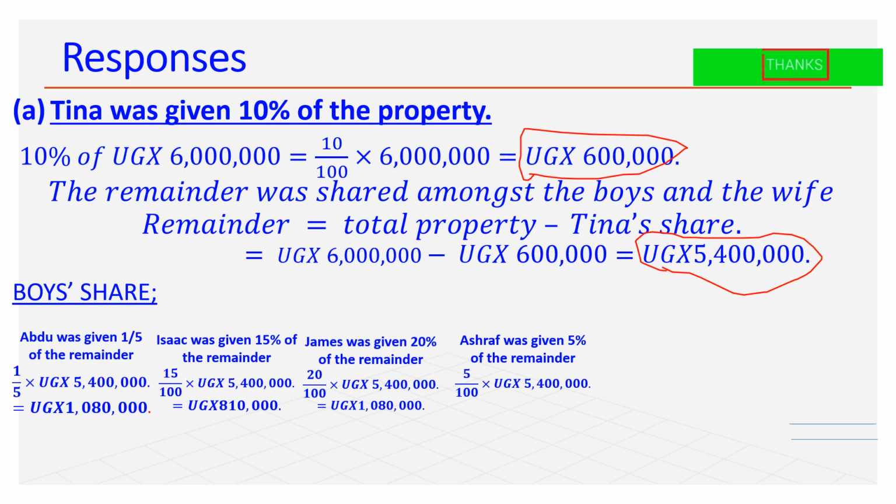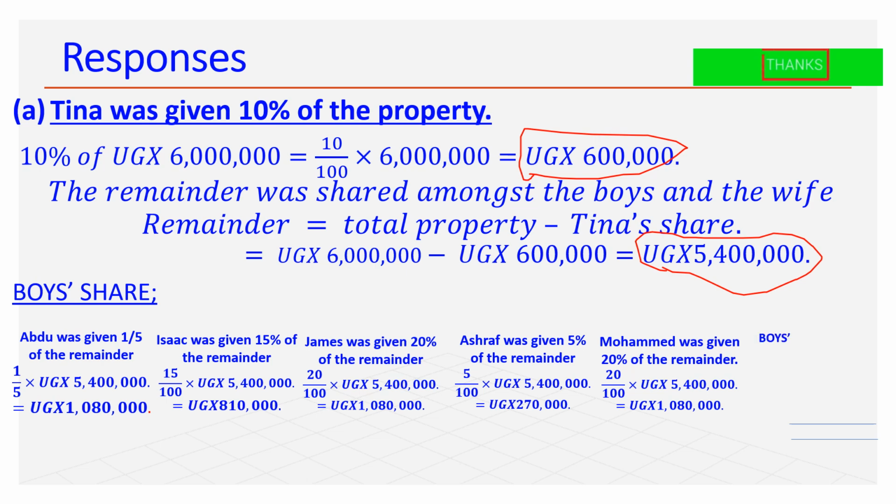That's 5/100 times the 5,400,000, and this gives us 270,000 Uganda shillings. Mohammed was given 20% of the remainder, and this gives us 20 out of 100 times 5,400,000, and the Uganda shillings for Mohammed is 1,080,000. Then the last boy is Mohammed.